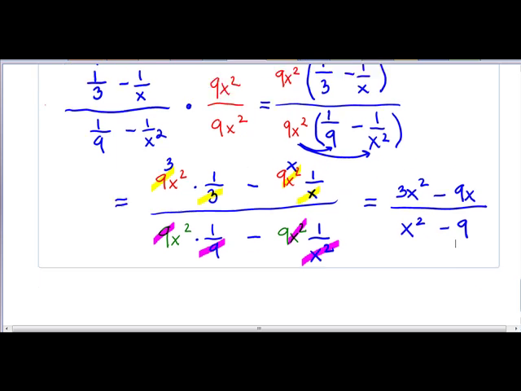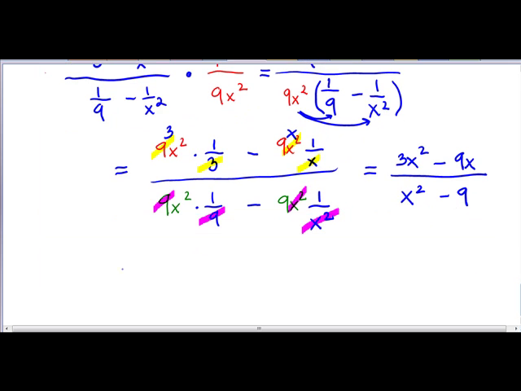Our next step is to simplify, and to simplify a rational expression, we want to factor. I see this here has a common factor of 3x, so I pull out 3x. At the bottom, once again, I recognize this as a squared minus b squared, which is factored as x minus 3 times x plus 3.